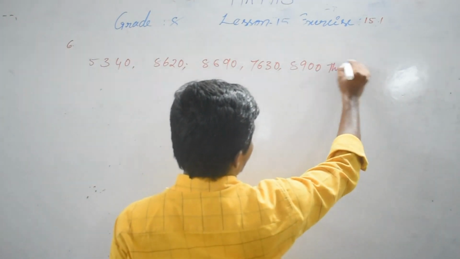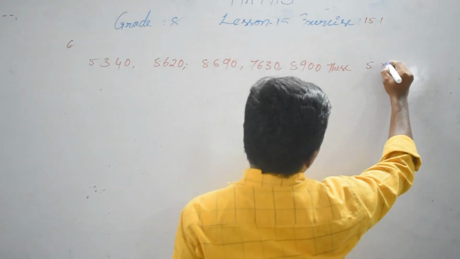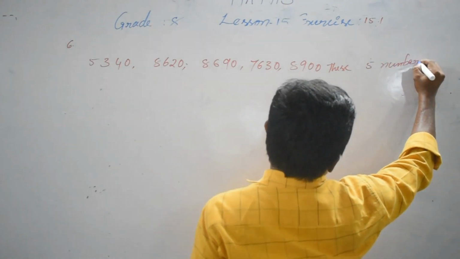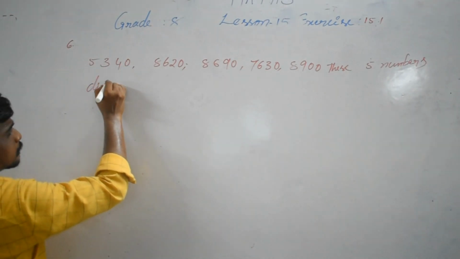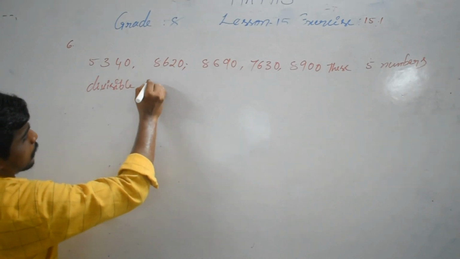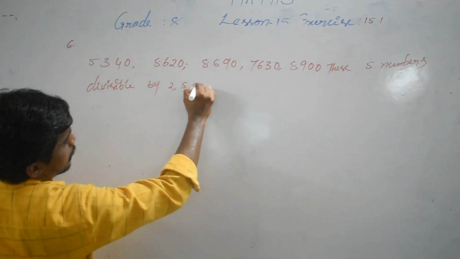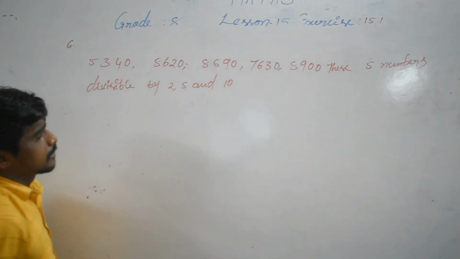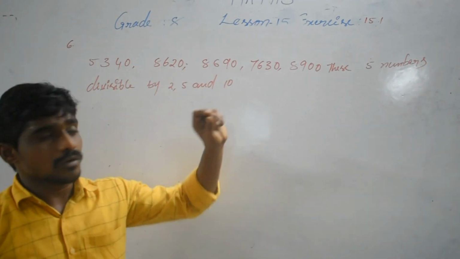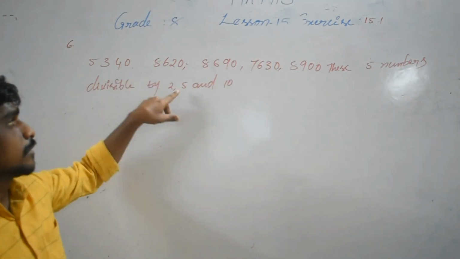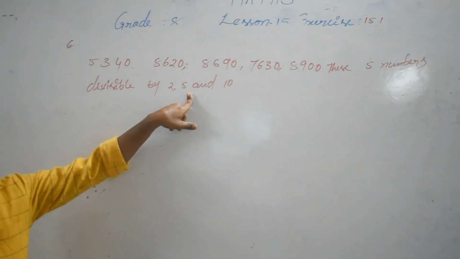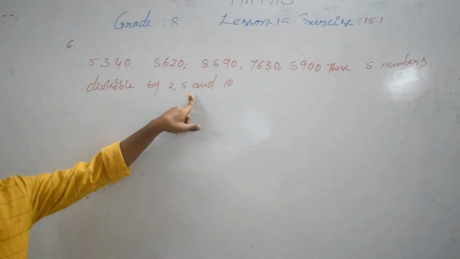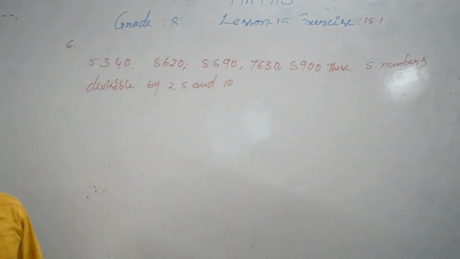These 5 numbers are divisible by 2, 5 and 10. Why? Here the common rule is 0 in ones place. So 0 in ones place is divisible by 2, by 5 and by 10.